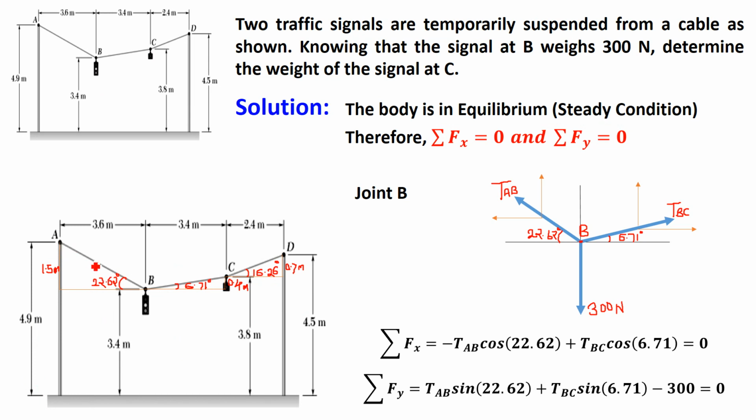Now cable AB, cable BC and cable CD. All of you please note, whenever cables are attached to a body, these cables are subjected to axial tensile force. Tensile force means force which is going away from the joint, like this. This one is going away from point B, this is going away from point B again, or at point C, away like this.